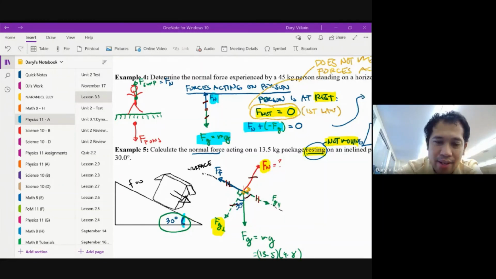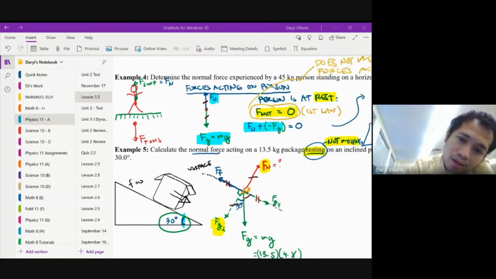For now, I'm just going to finish this one up, and we're going to revisit this particular example once we see each other. Maybe I can devise something from a protractor. Remind me later on that we're going to revisit this example.